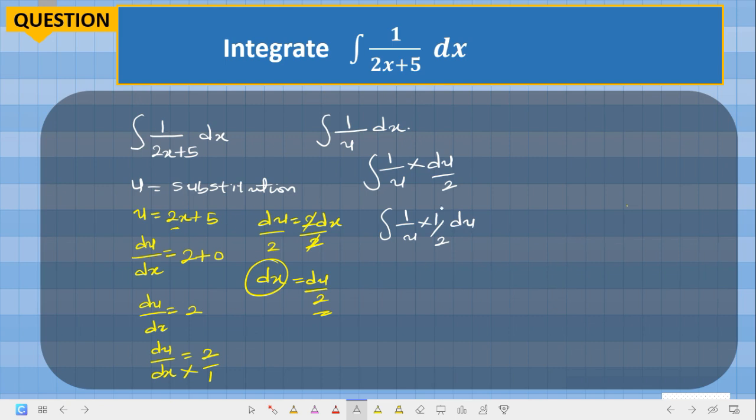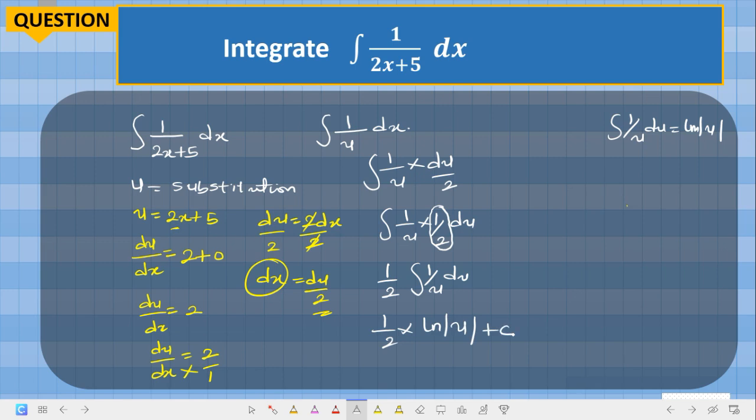So this half here is a constant, hence we can take it out of the integral sign. So half is out. We now have 1 over u du. Now when you integrate 1 over u du, it is going to give us the natural log of the absolute value of u. So this will be half times the natural logarithm of the absolute value of u plus c.